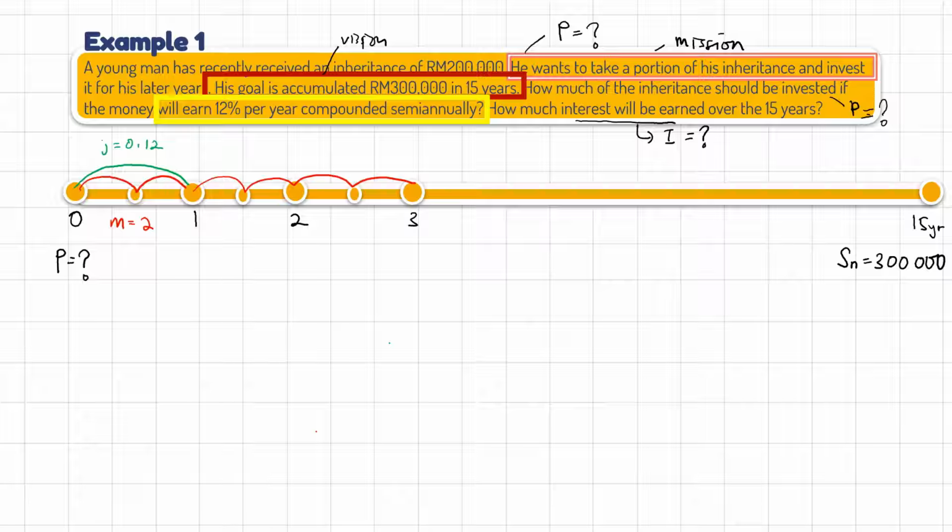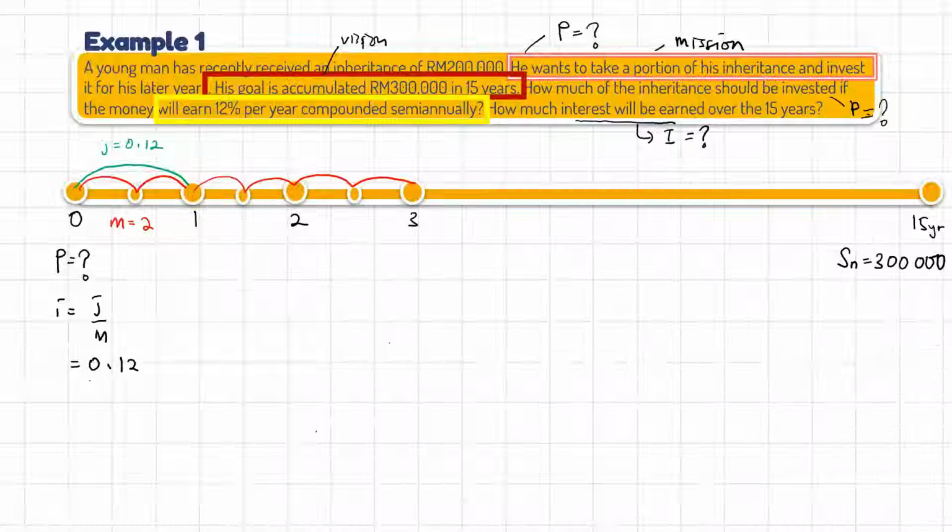So we will have I equals J over M. J is 0.12 over M is 2. Our N is 15 times 2, which equals 30.